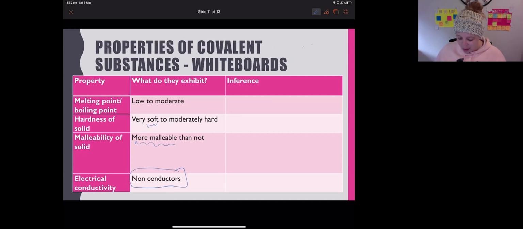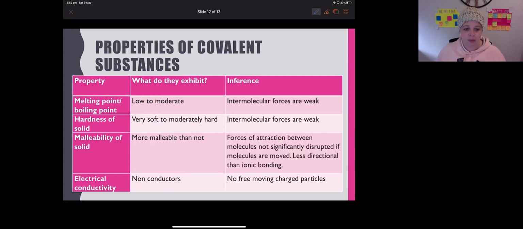Welcome back. Let's have a look at our table. The reason they have low to moderate melting points or boiling points is that they have these weak intermolecular forces, therefore not much energy to separate the molecules.